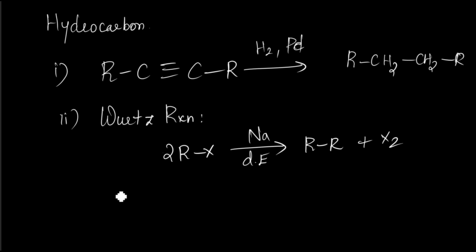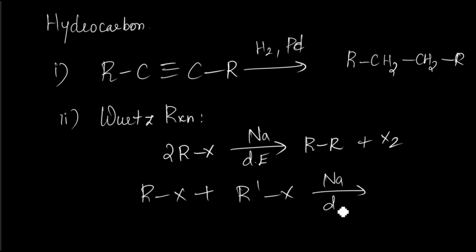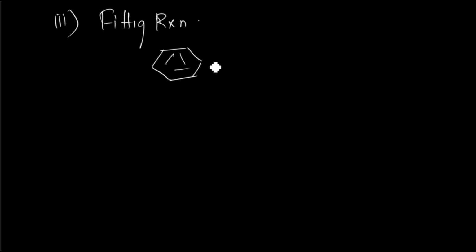Okay, so what if I want a different hydrocarbon? Then you have to take a different molecule, R dash X, you can prepare. There is another reaction accompanied with this, that is the Fittig reaction, where you can prepare it from aryl halides.